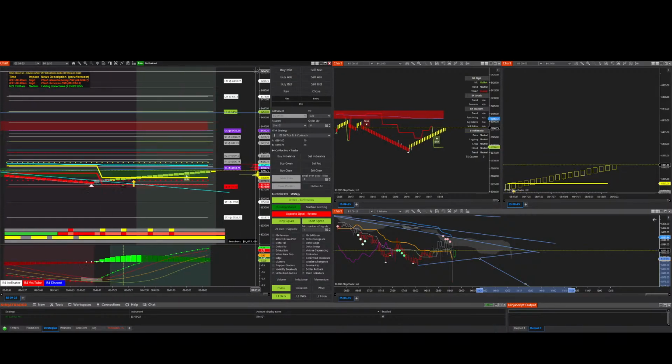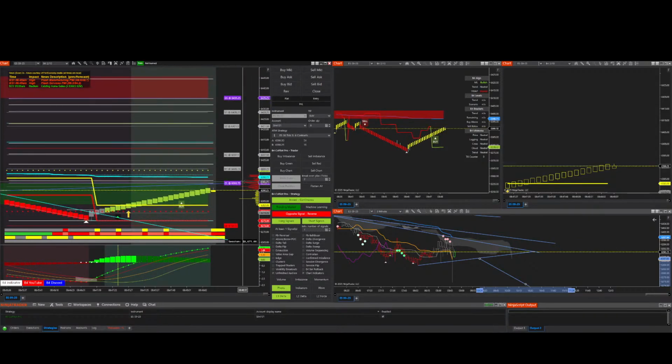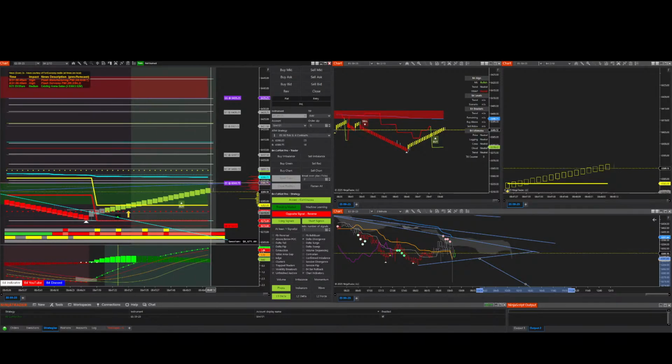Price is moving pretty fast this morning. We've already come from down here. Up here, I'm at 219.